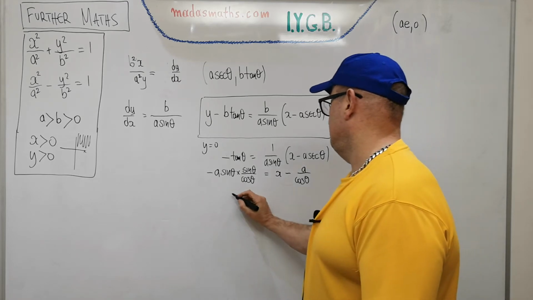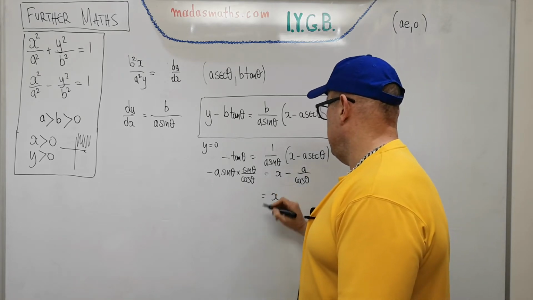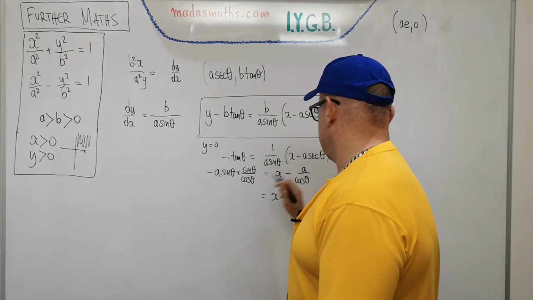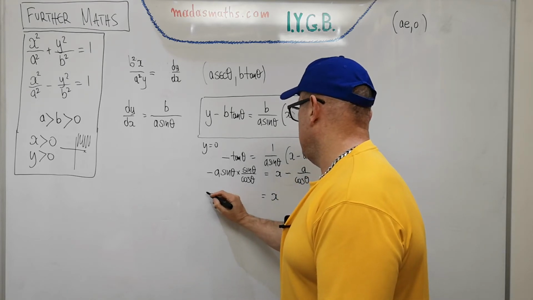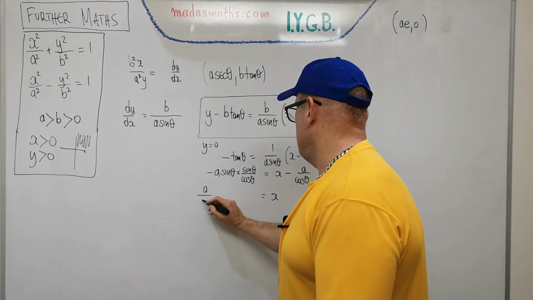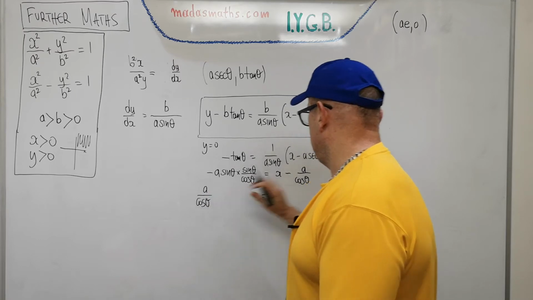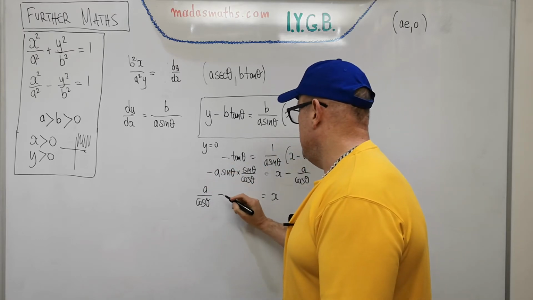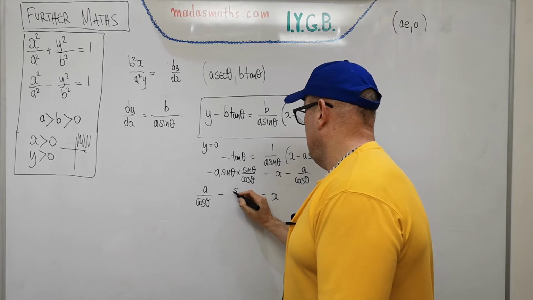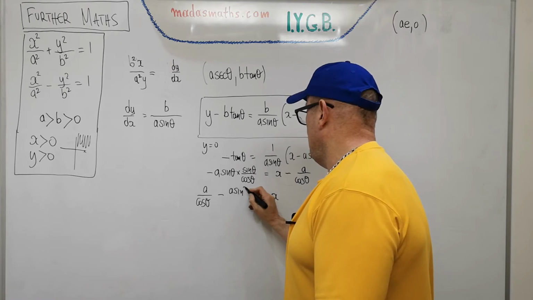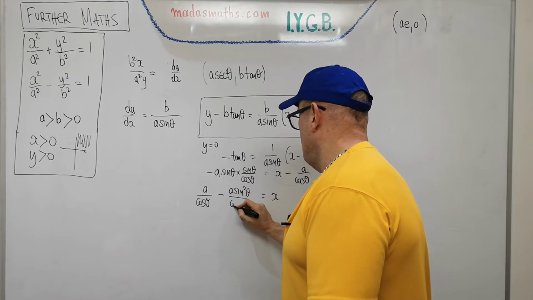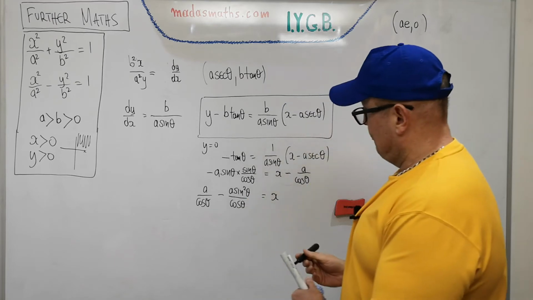Our x, I'm going to leave it on this side, is equal to, this is going to go to the right, so we're going to have a over the cos of theta, this is this term here, minus a sine squared theta over cos theta.